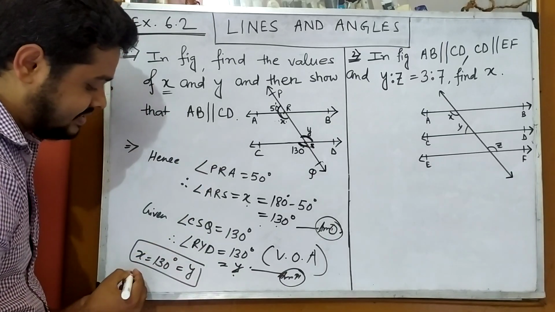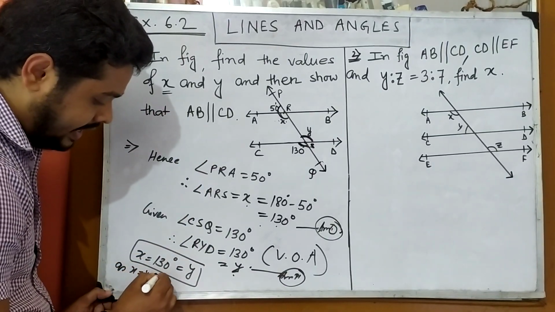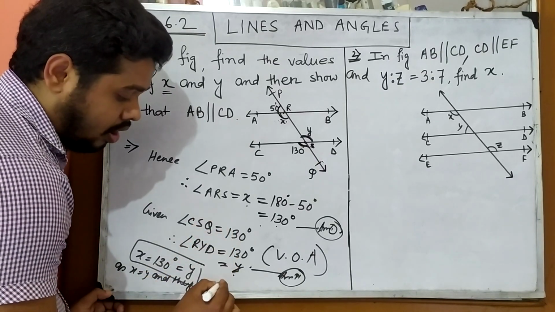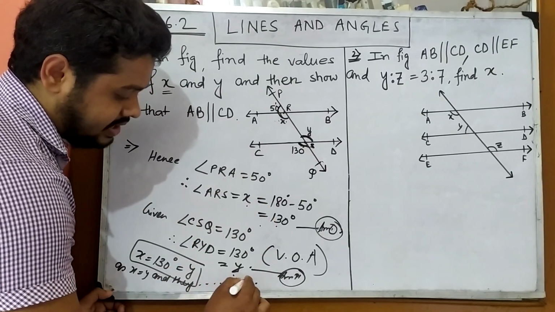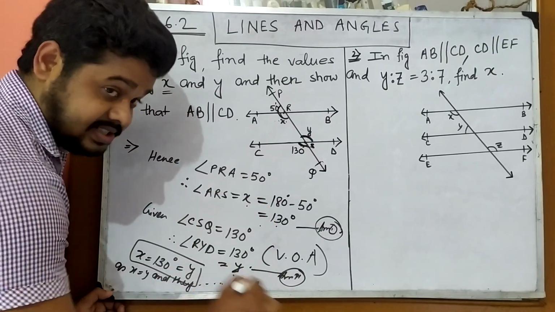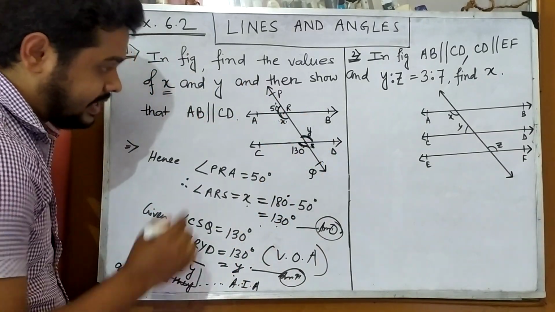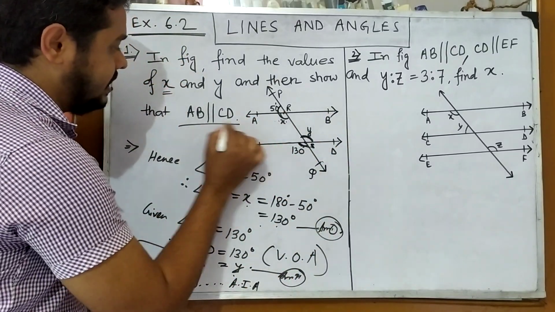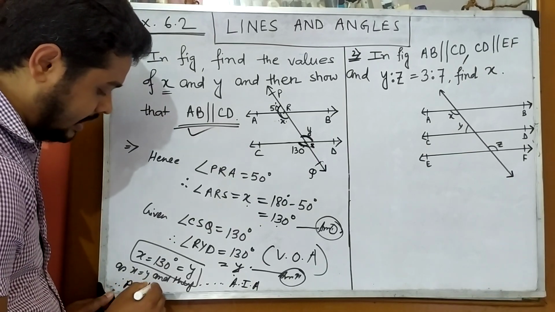So simply we can say x equals y and they are alternate interior angles. Write in detail. So we can say AB is parallel to CD. This is our third proof. So AB is parallel to CD.